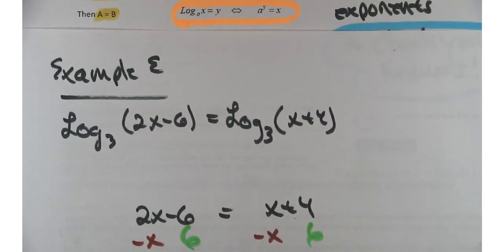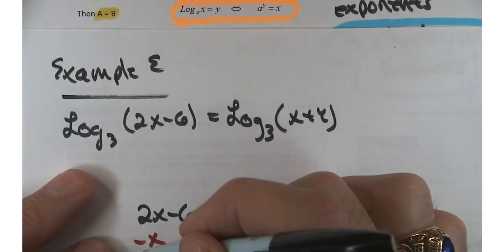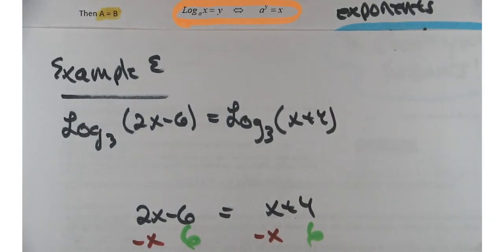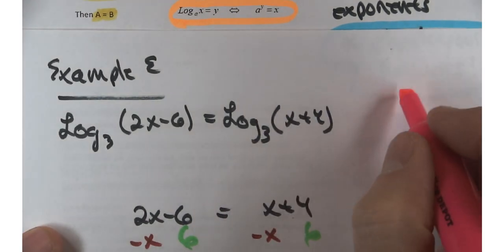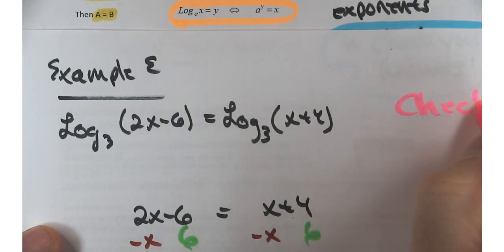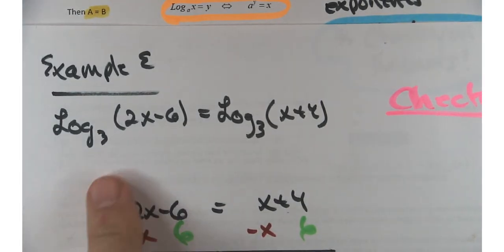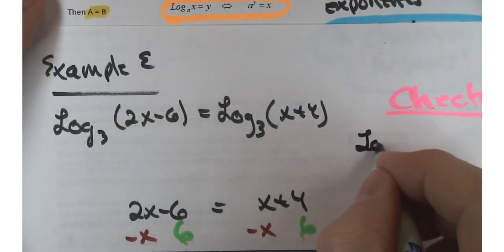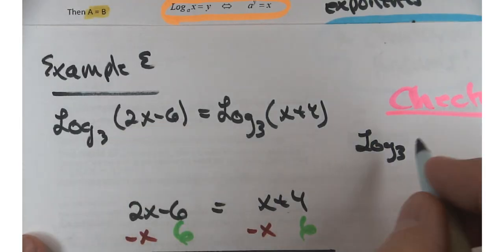What equation pops out of this? What do I end up with? X equals 10. Nice. Now we have to check it. So if I wanted to check it, if I put in the 10, I'd have log base 3 of 2 times 10, which is 20, minus 6 is 14.